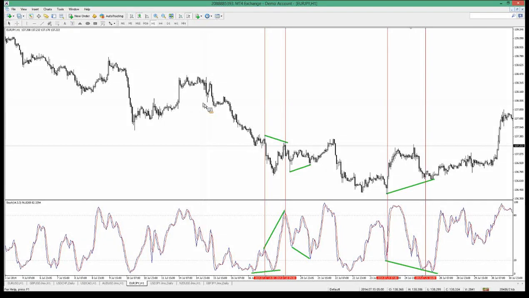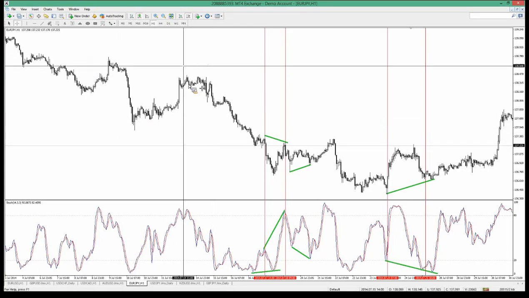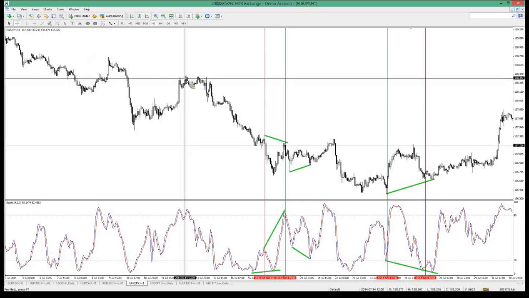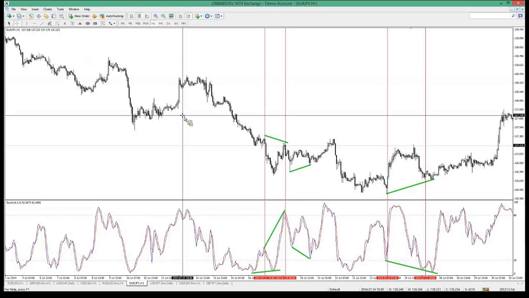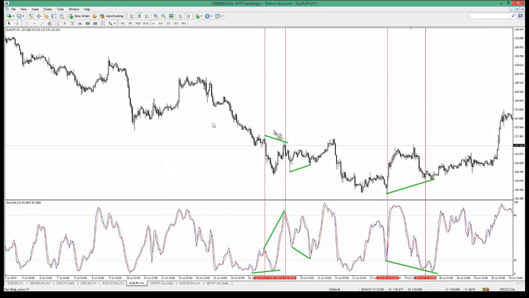And what you'll see in the method that we're testing in the room, which we'll do after this session, is it works very, very well as added confirmation. Remember, for the guys that have looked at the method we're currently working on in the room, we have price in a downtrend, and then we're looking at a pullback with the stochastic, but the added weight is obviously if we've got that divergence.